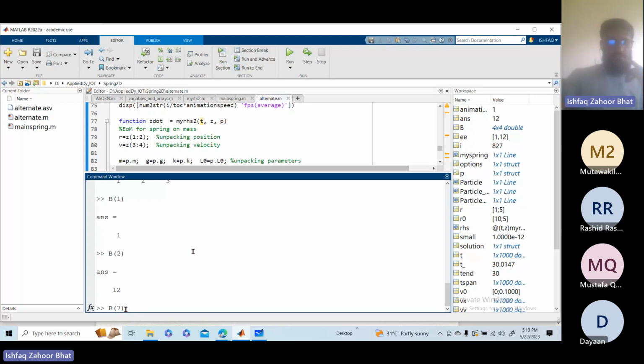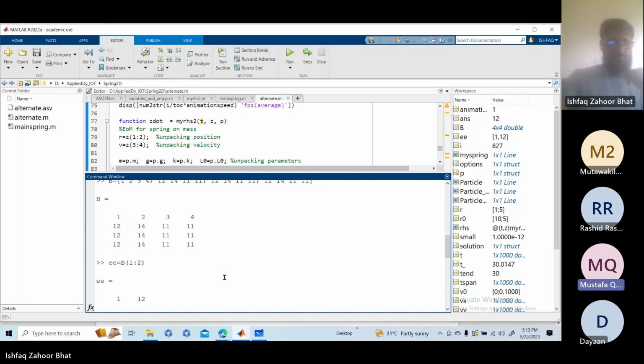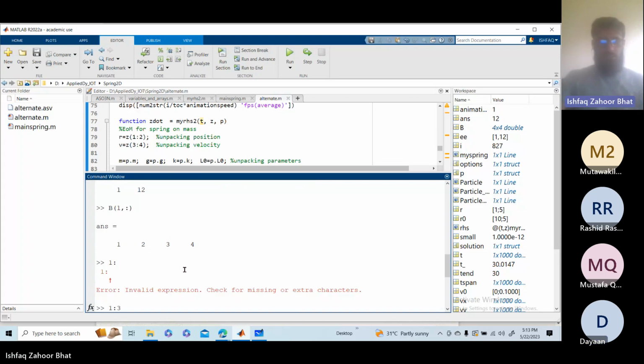If I type B of 7, what should I get? 14, because this will be 1, 2, 3, 4, 5, 6, 7. So this 14 I should get, and this is what I am getting, 14.